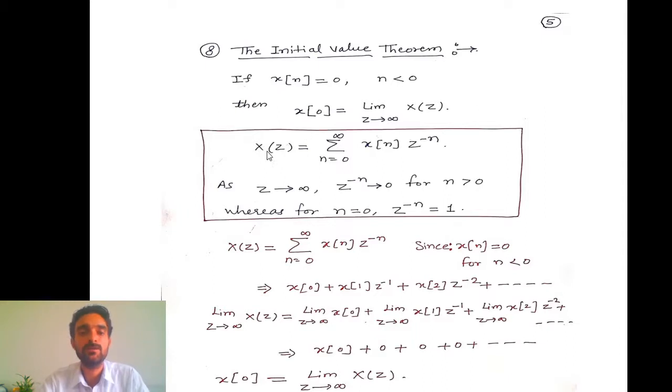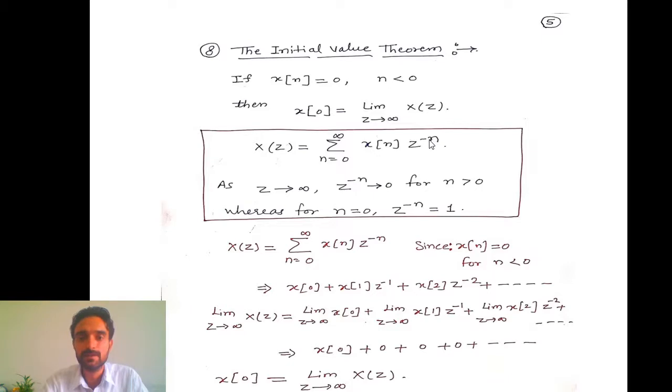Okay, so X of z equal to this sum from 0 to infinity. Why this 0 to infinity? Because x of n is 0 for n less than 0. So the range will be 0 to infinity, x of n, z to the power minus n, the z transform. As z tends to infinity, z to the power minus n is equal to 0.